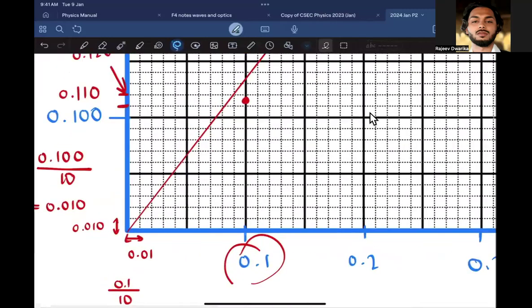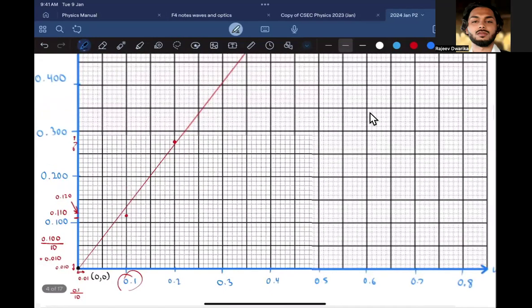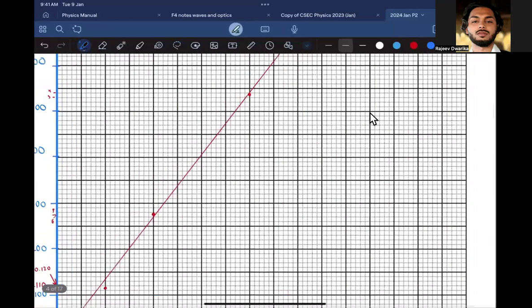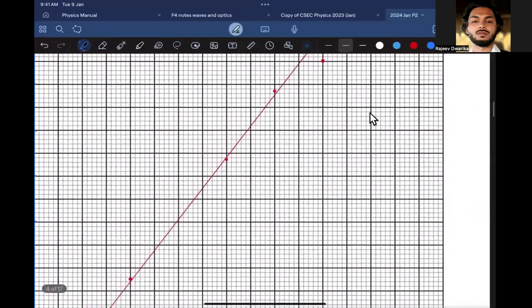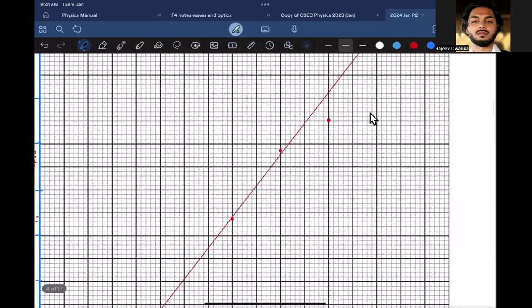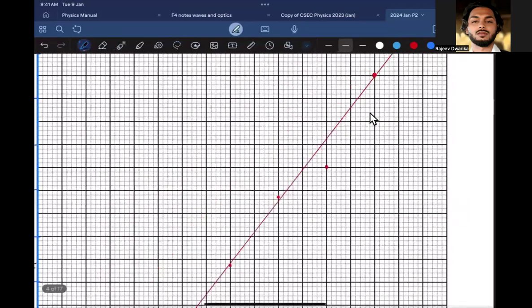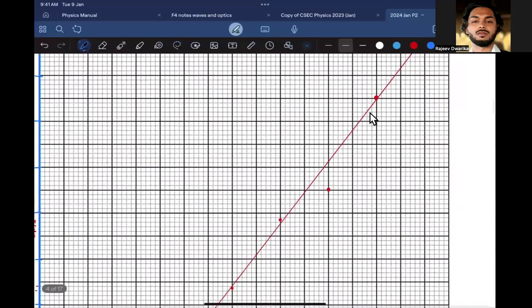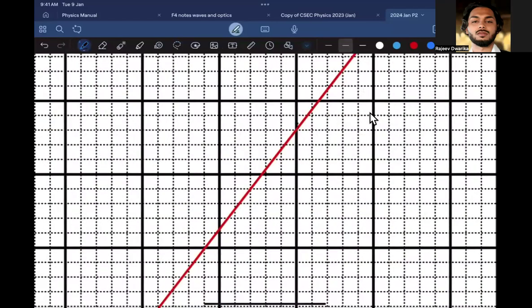That being said, we have a real easy point we could use. Remember, this graph had to start at 0, 0. So the first point I think of is 0, 0. Let me try to figure out another point. I'm looking for a nice clean point. Okay, this looks like a nice clean point.